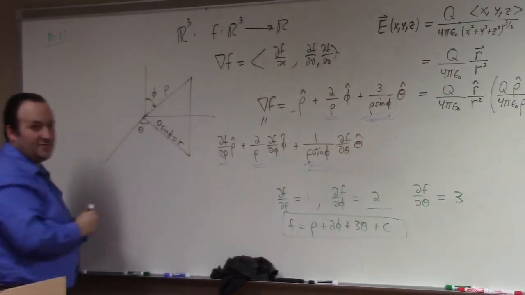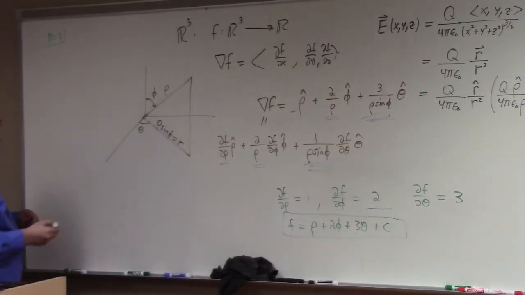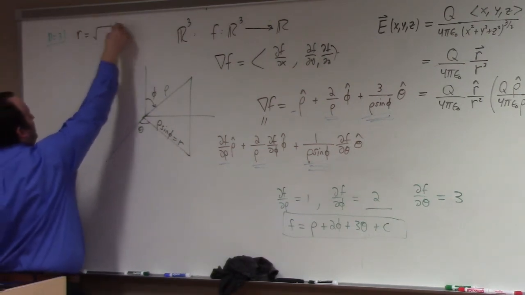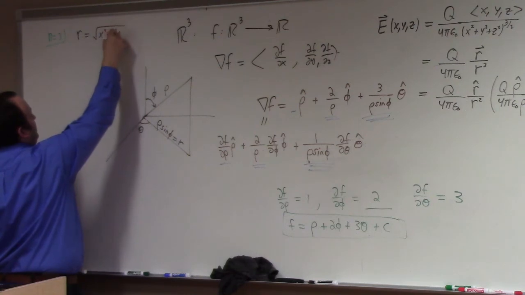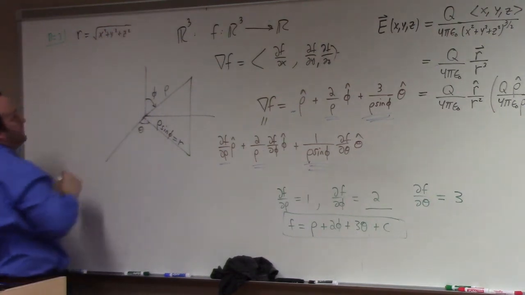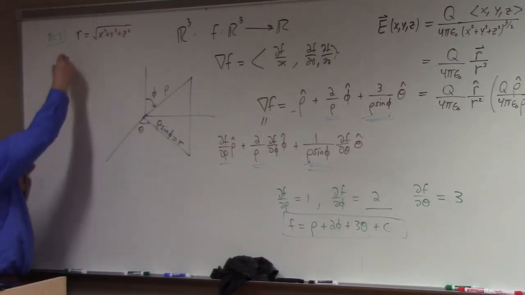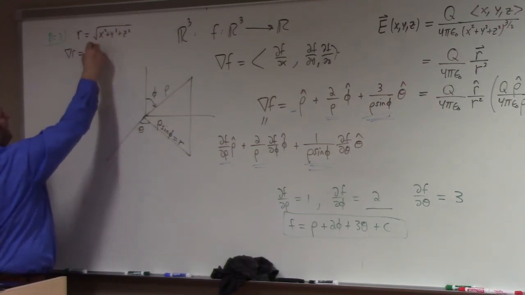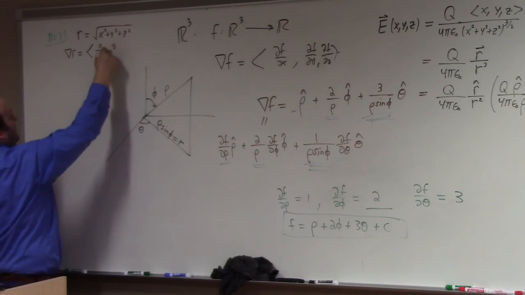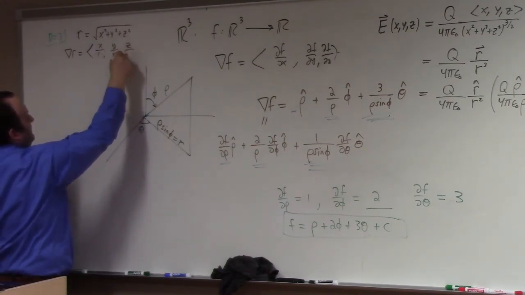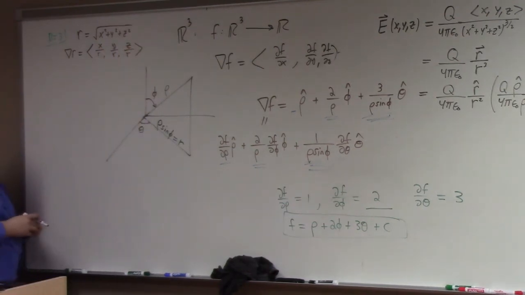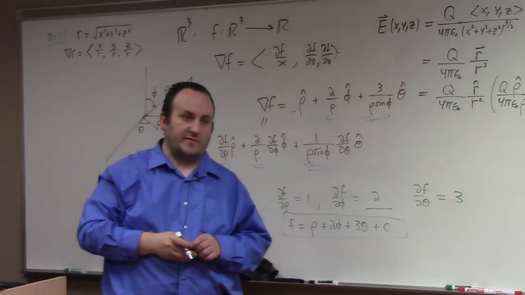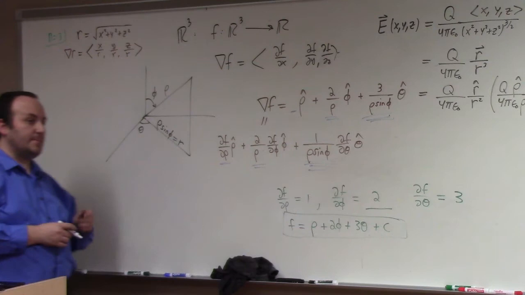But you need to do it for n. N equals 3. R is the square root of x squared plus y squared plus z squared, right? So the gradient of r is what? X over r, y over r, z over r. We've been through this song and dance before. When we calculated the gradient of rho, these partial derivatives were done.